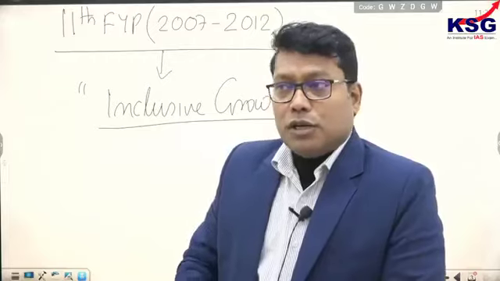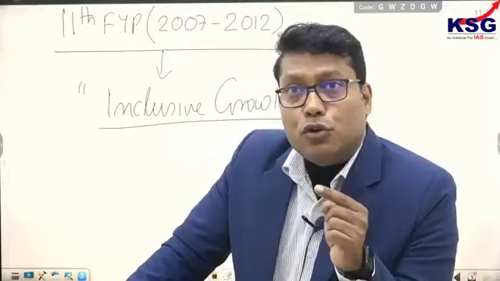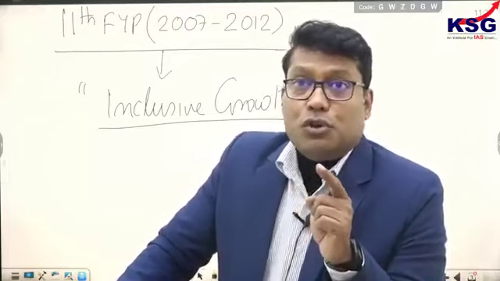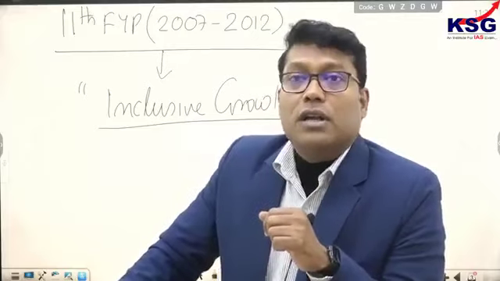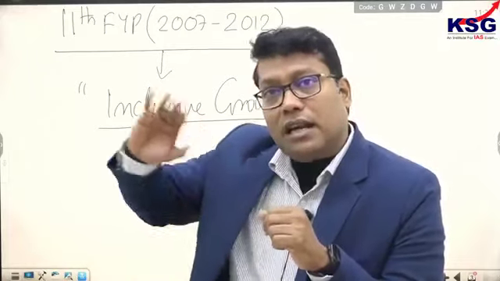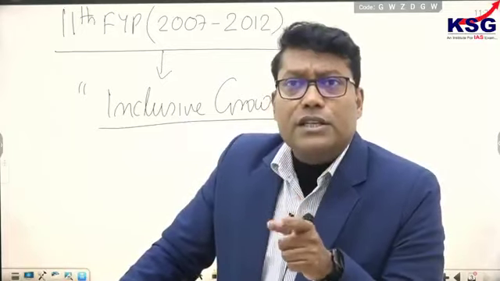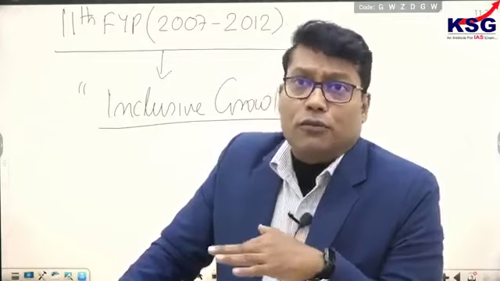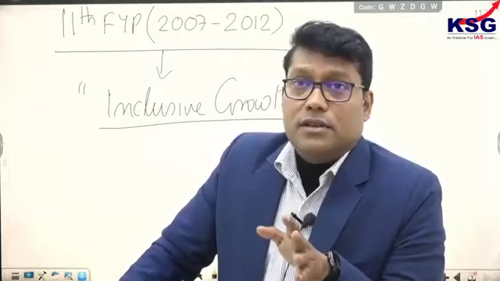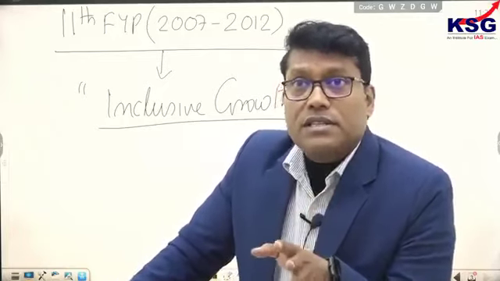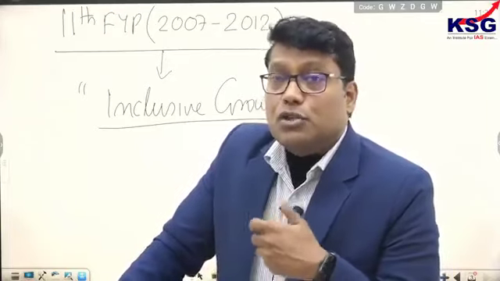Clear? Inclusive growth means that the benefits of growth and development should reach each and every person in the economy, even the last person. Not only that, it also means that the last person, all of you, can participate in the decision-making process, get your benefits, and also get all amenities, social rights and others.